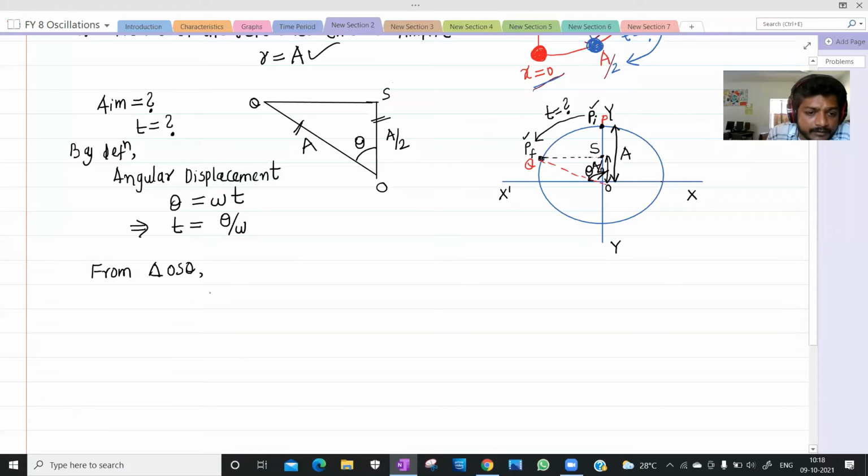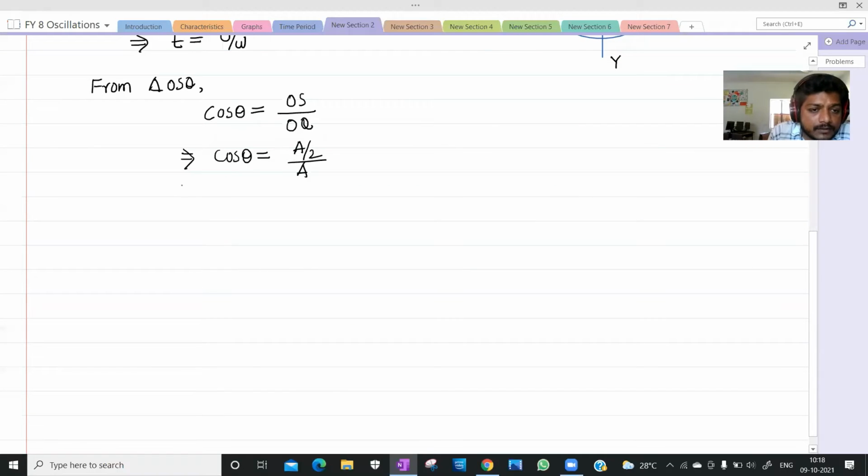Cos theta equals adjacent side by hypotenuse, that implies cos theta equals OS by OQ. OS is A by 2 and OQ is A. So cos theta equals 1 by 2.